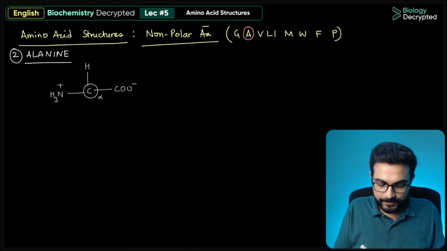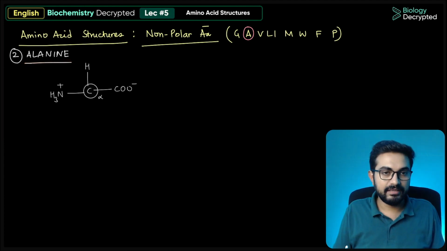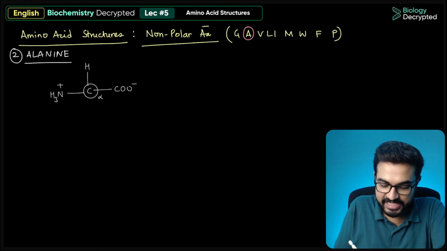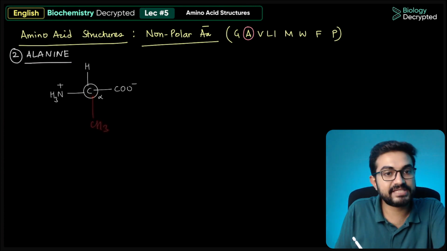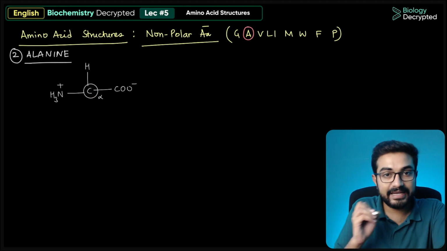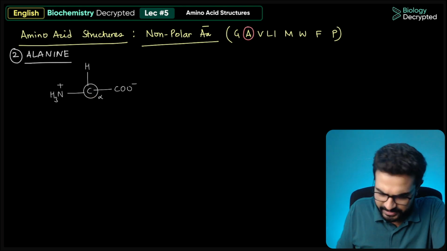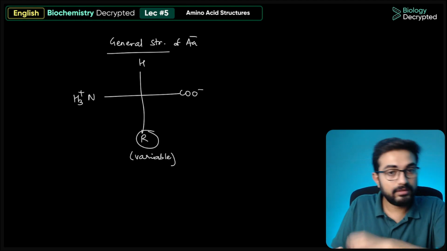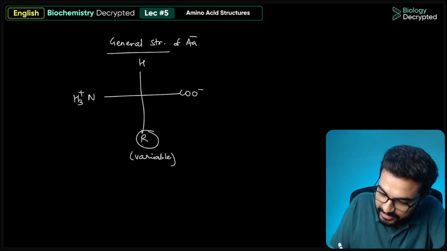Now moving forward, we'll come to alanine. In case of alanine, this group is CH3. So we'll write simply CH3 here, right? This is the R group. Now let me tell you one simple thing before we move on. I will be representing carbons as these kinds of structures.